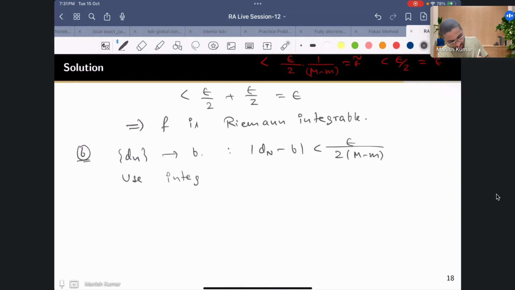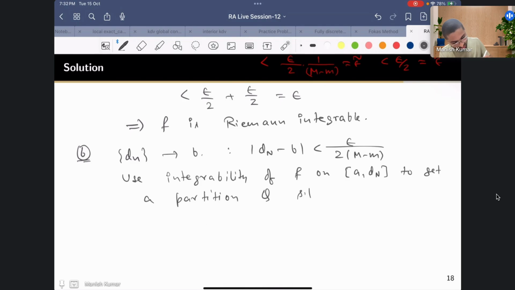integrability of f on A comma Dn. Am I writing it correct? Sorry, A comma Dn, to get a partition Q such that this U of f,Q minus L of f,Q is less than epsilon by 2.